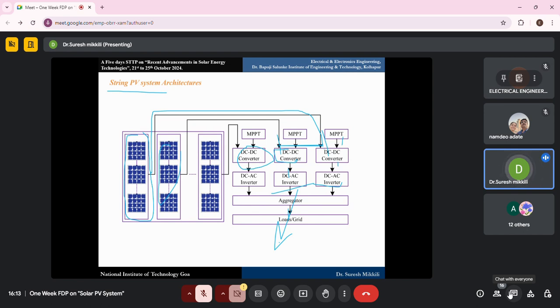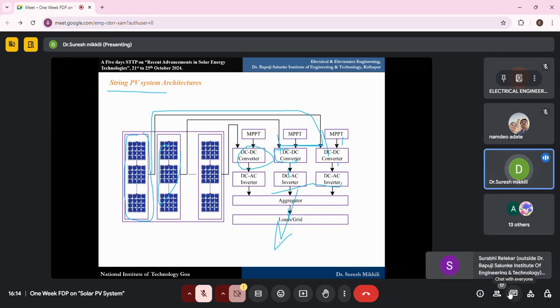But if a big solar park is generating 1000 megawatt power, in India the biggest solar park is in Bhadla. So what is the rating? One plant is generating 2000 megawatts of power.